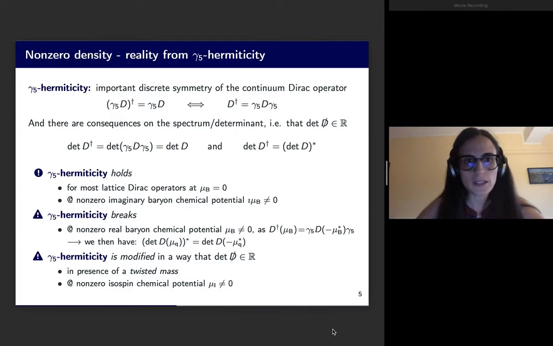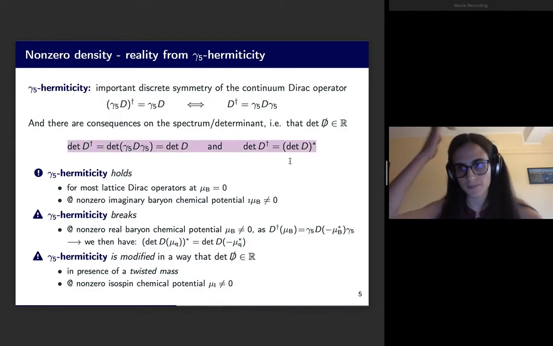This property, this discrete symmetry, is the gamma 5 hermiticity, which is defined by these equations. And if this holds for the relevant Dirac operator, there are consequences on the spectrum of that Dirac operator, and in particular on the corresponding determinant, which is made real by the fact that this condition is fulfilled, as one can easily prove.